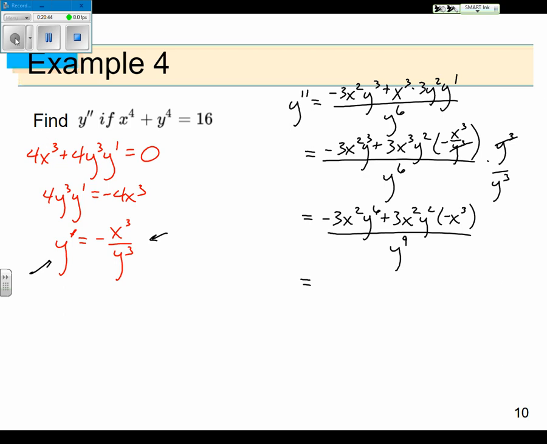Well, I've got some y's in common in every single term. So I can definitely pull a y squared out of everything. So let's do that first. Let's pull out a y squared. So that'll be a y to the 4th. I'm going to go ahead and pull that through. Negative 3x to the 5th. So I divided that by y squared. Let's divide the bottom by y squared as well. Now take it down to y to the 7th.